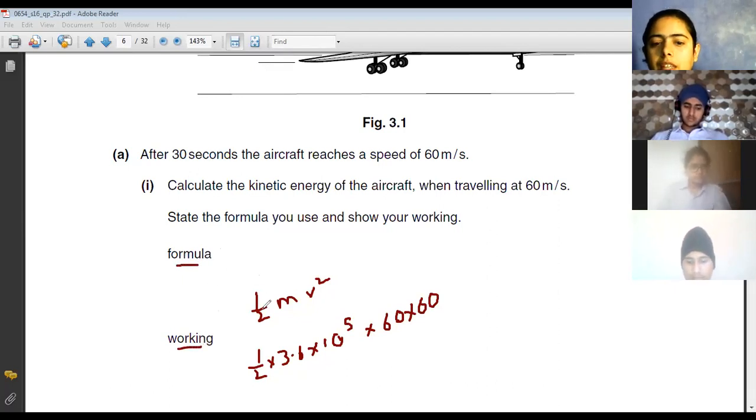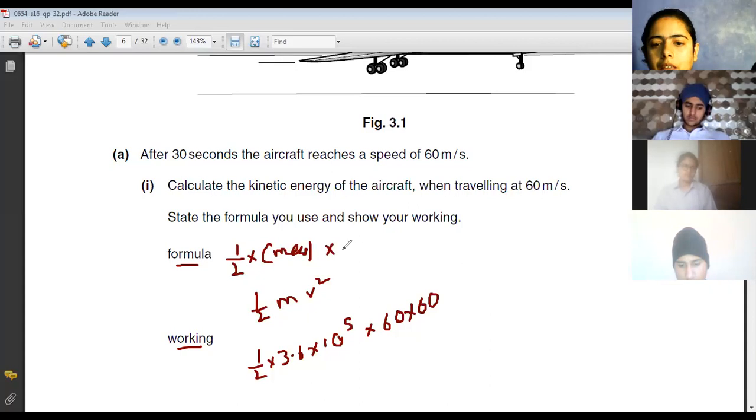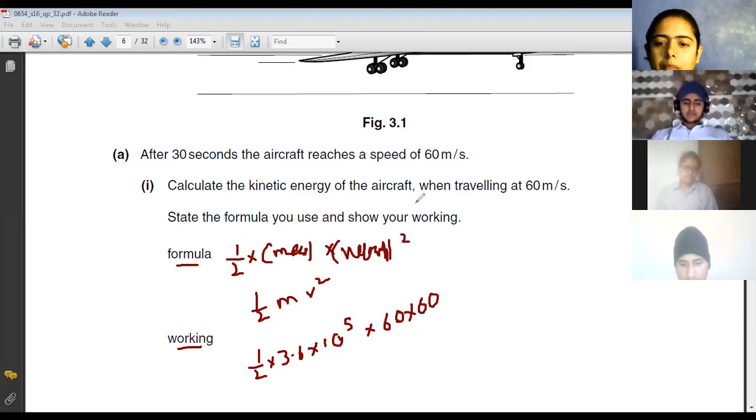When you state the formula, don't write half mv square. You can write it, but before that write the proper formula, because what do you mean by mass? You have to write m. So you can write half into mass multiply by velocity squared in full, and after that you can use the abbreviation if you want.